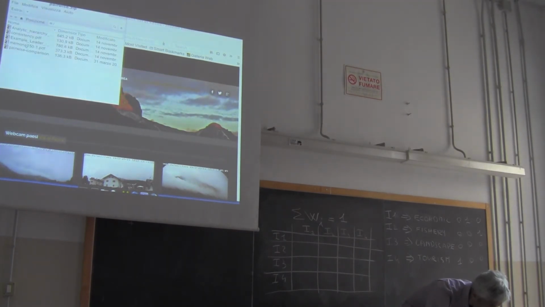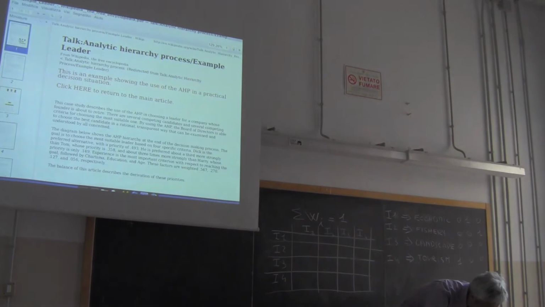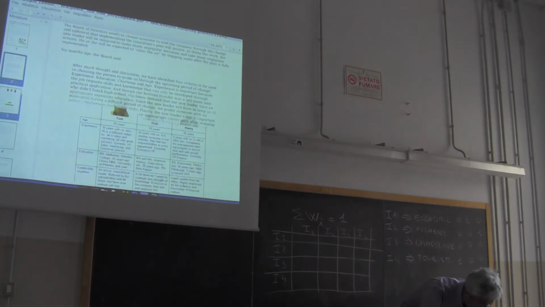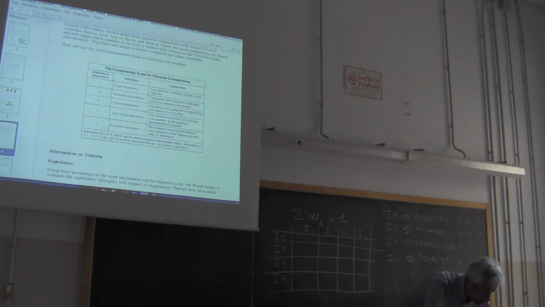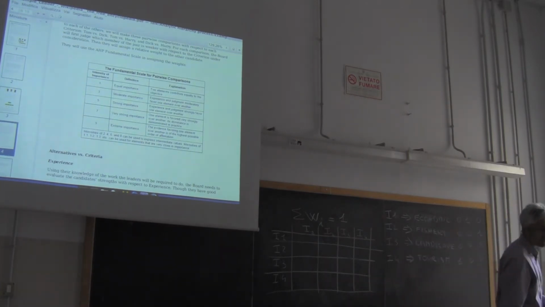This is the content of the file that I indicated to you. Okay, here is the scale. Yeah. 1 is equal importance from 1 to 9. 1 is equal importance, 9 is extreme importance.